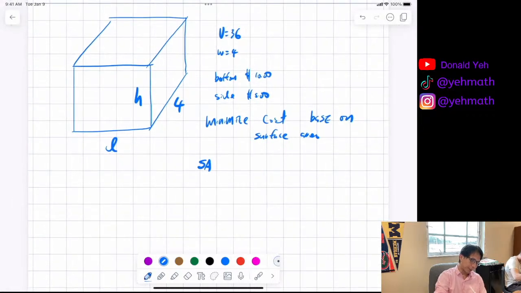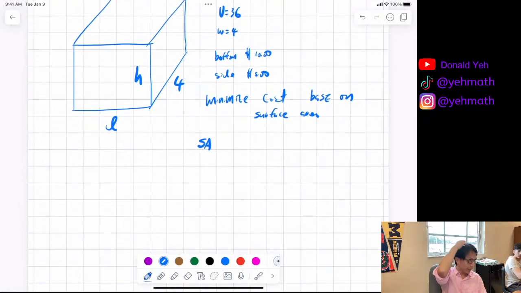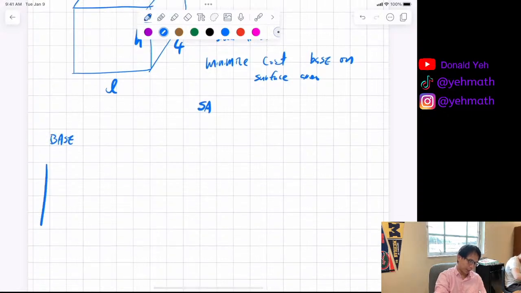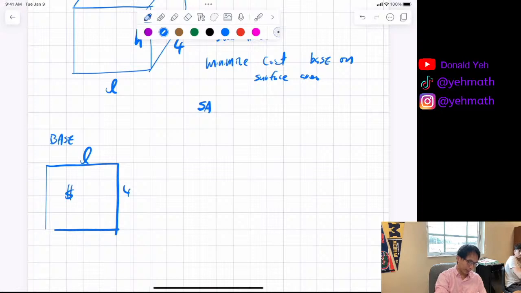Let's look at the bottom. The bottom base is what? 4L, so this is the base. Write it down as the base. Now also know that this 4L costs a little more expensive, $10 per square foot.